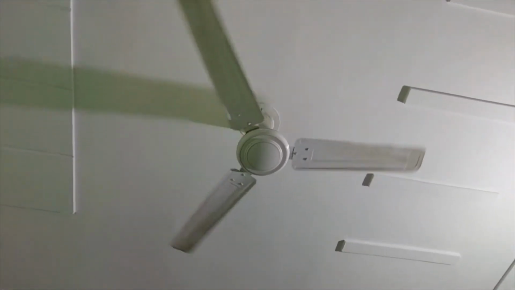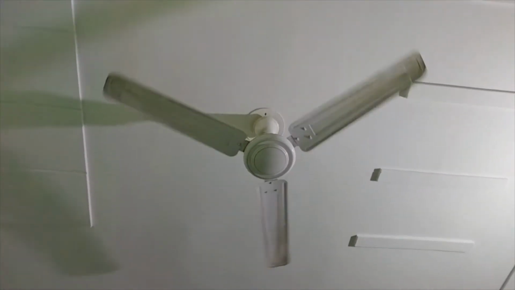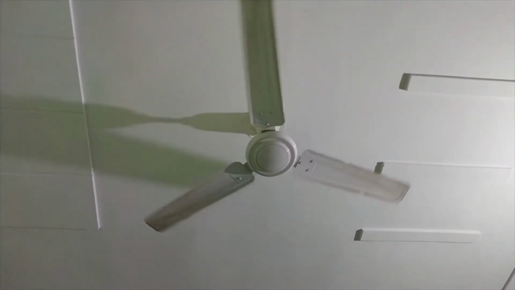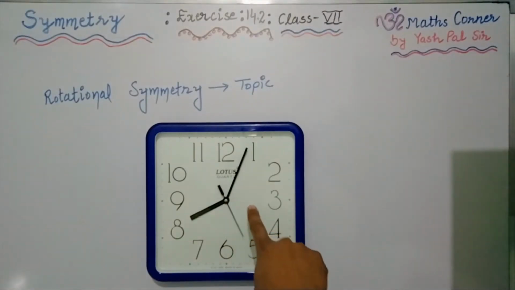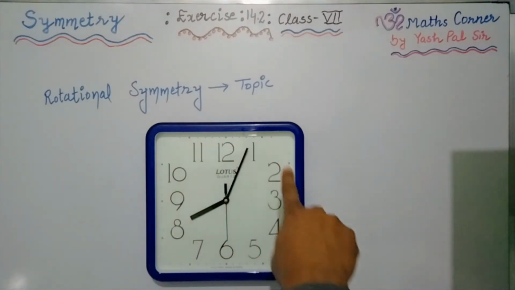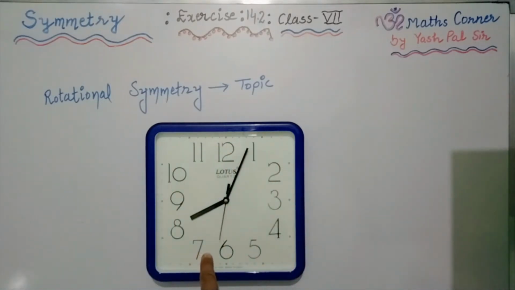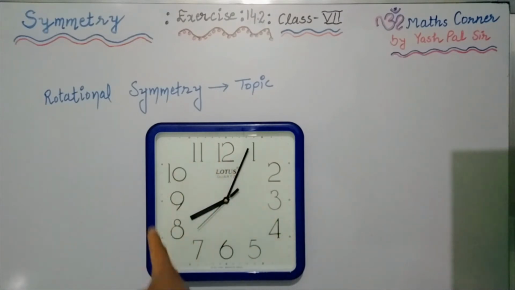My dear students, the rotation of this ceiling fan is anti-clockwise, because clockwise means rotation this way, whereas we saw that the ceiling fan was rotating this way, anti-clockwise.